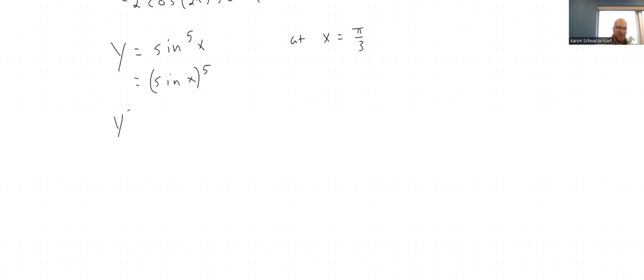As long as you remember this, you don't have to write this out, but I wanted to point it out, and you might have to write it like that the first couple times. Just remember that I've got to do 5 sine x to the fourth, bring the 5 in front, reduce the power by 1, times the derivative of sine x.